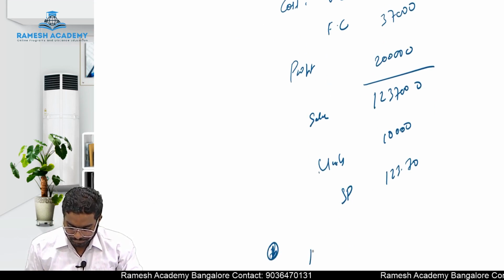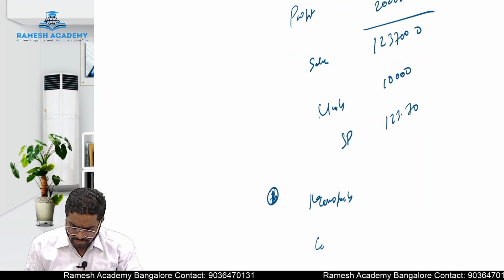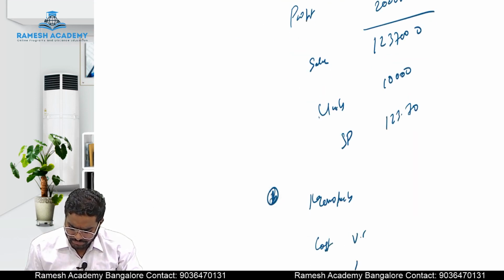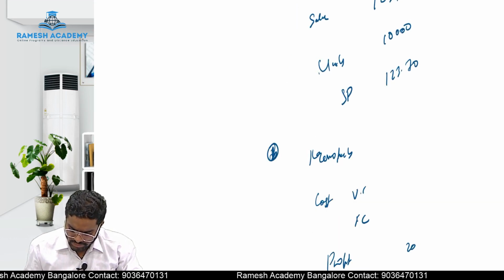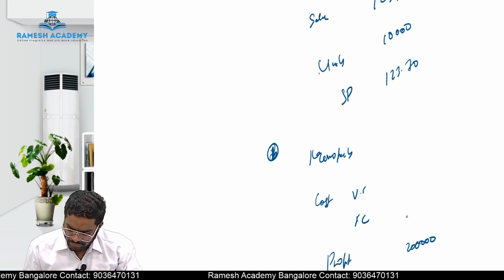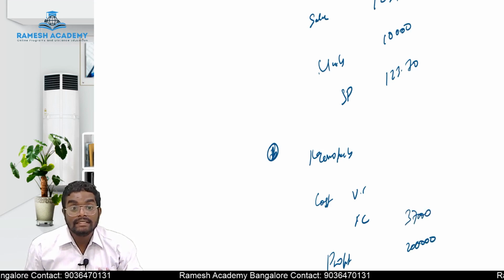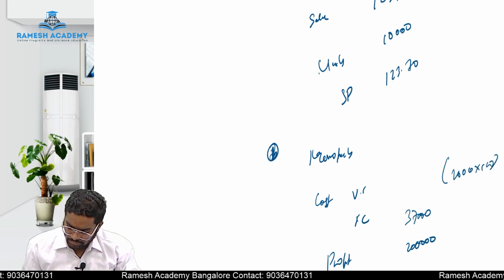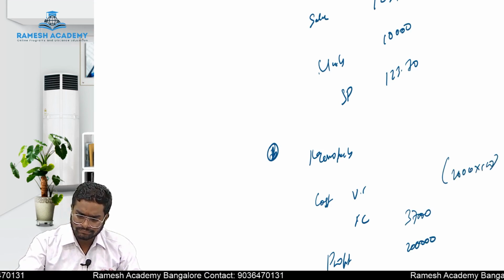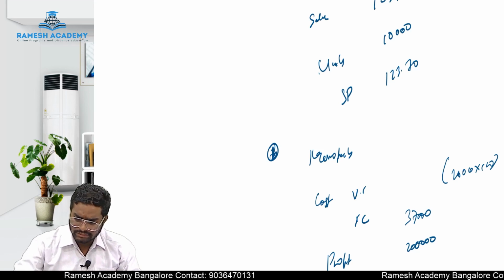B, monopoly. Same thing here. Cost, VC, FC. Profit is 2 lakh. Fixed cost is 37,000. Here the number of units is 2000 into 100. So 2000 into 100 is 2 lakh, I guess.